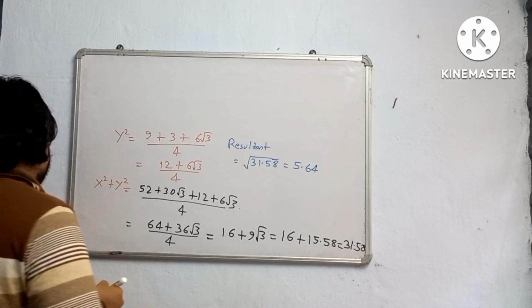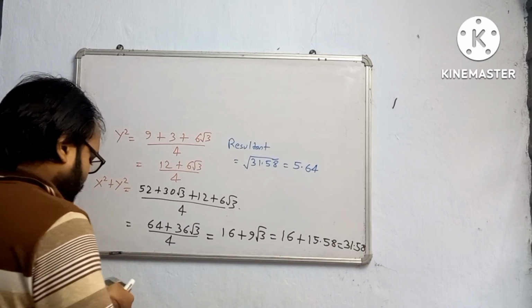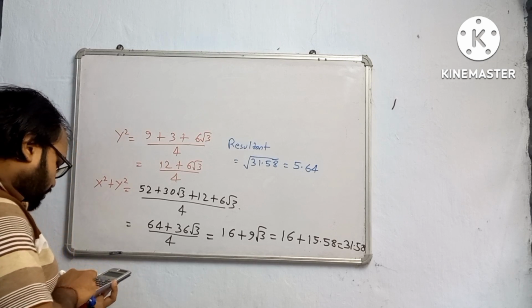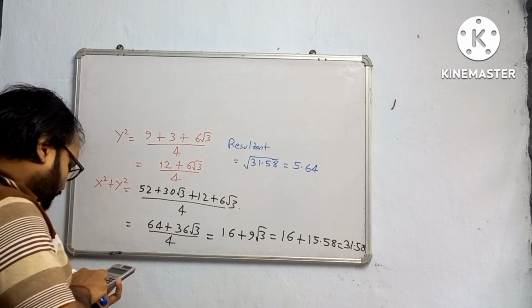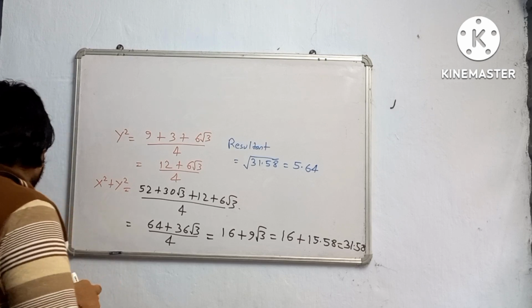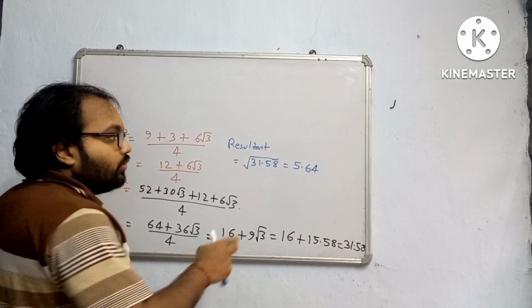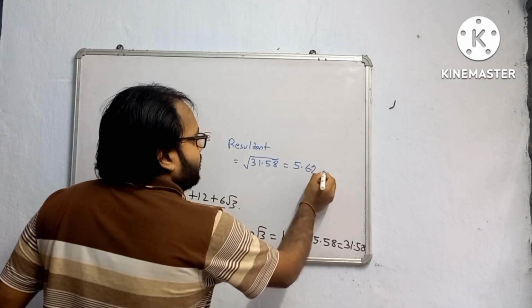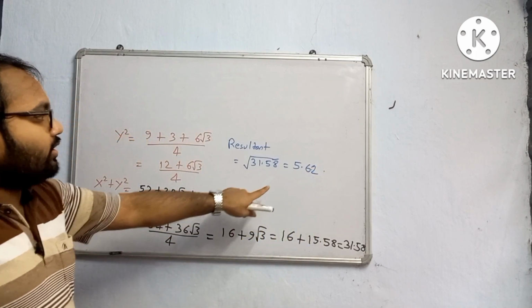Okay, let me calculate using calculator. Root under 31.58, yes, it is 5.619, which means 5.62.